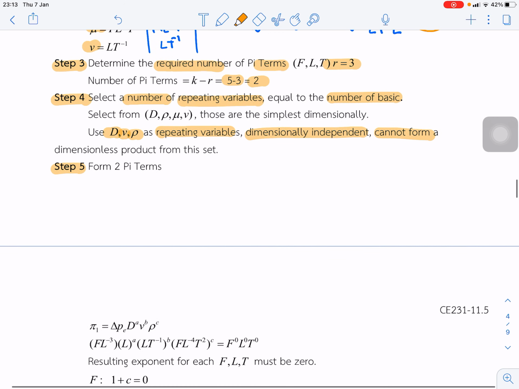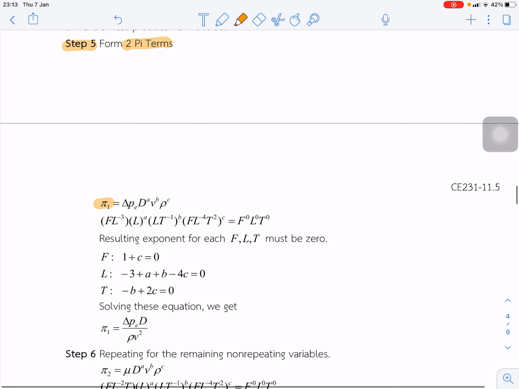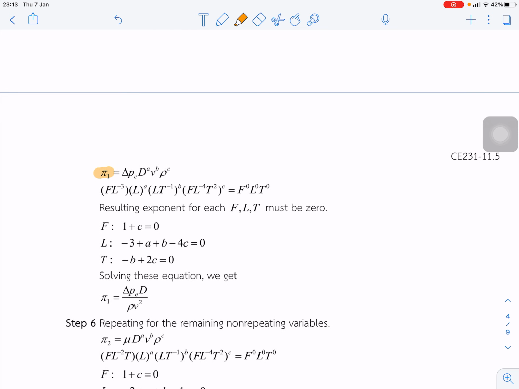Step 5, we form 2 pi terms. The first pi term has the non-repeating variable delta P over l, and D, V, and rho as the repeating variables with powers a, b, c. Next we substitute the basic units in this term, and the resulting exponent of each F, L, T must be 0.